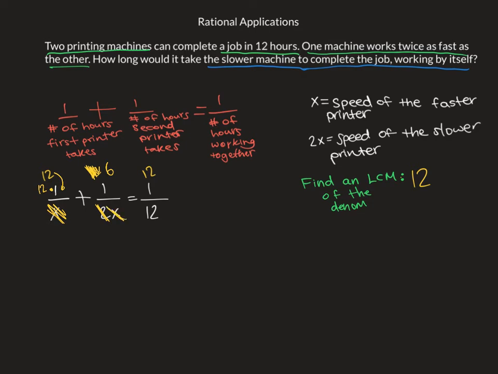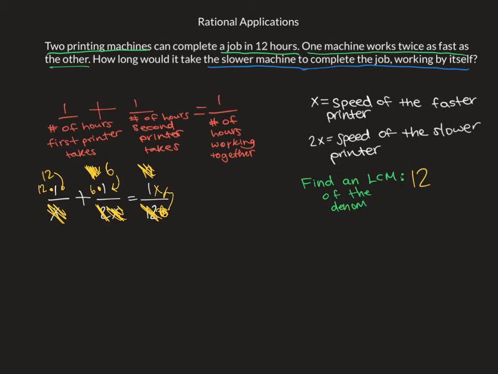And finally, this 12 can cancel with this 12. The first two had x's in the denominator, but this one did not, so we add an x onto the numerator.